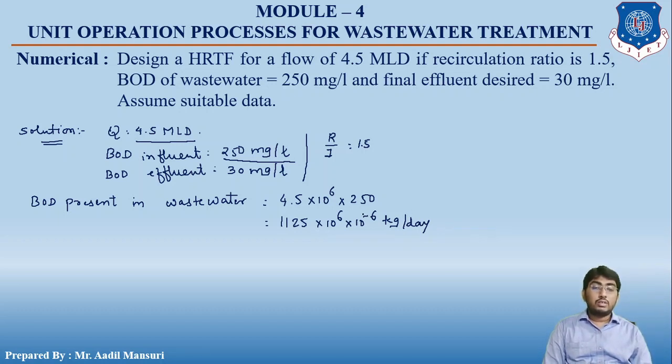Because multiplying 250 with 4.5 yields 1125, 10 raised to 6 as it is, but this will be in milligram per day. So converting milligram into kg, I have multiplied with 10 to the power minus 6. So this will be equal to 1125 kg per day.